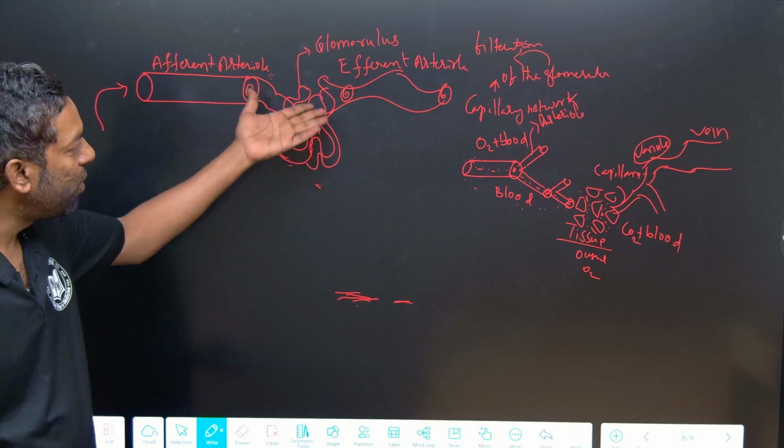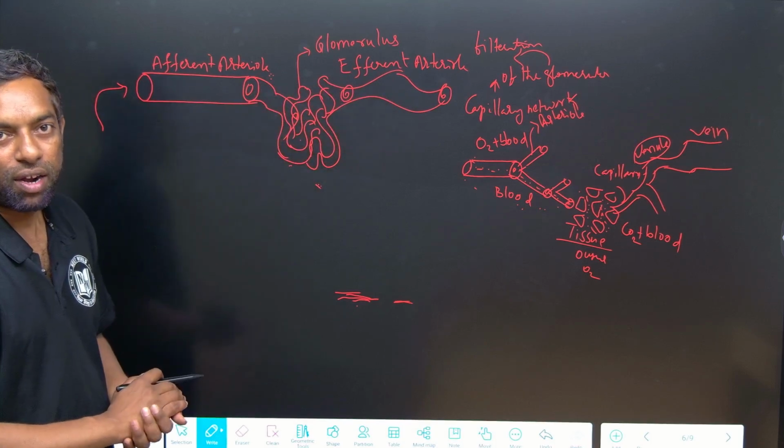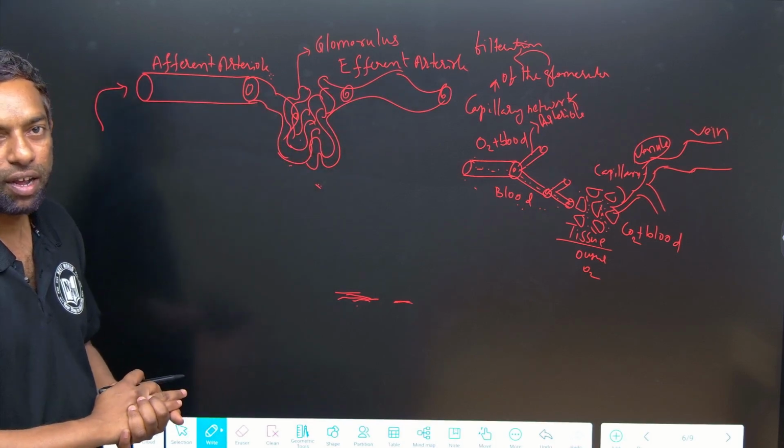This is the glomerulus, the circulatory part of the nephron.